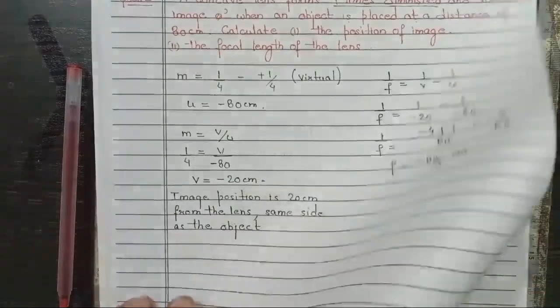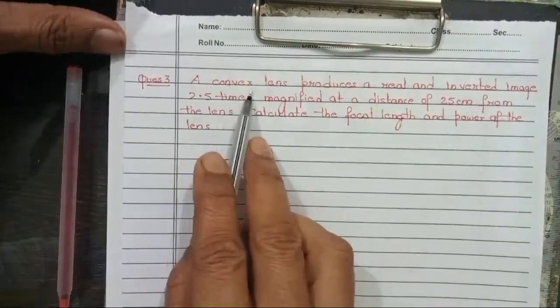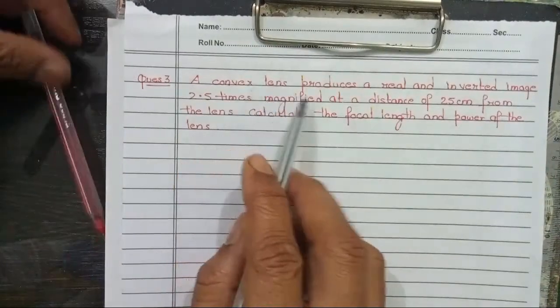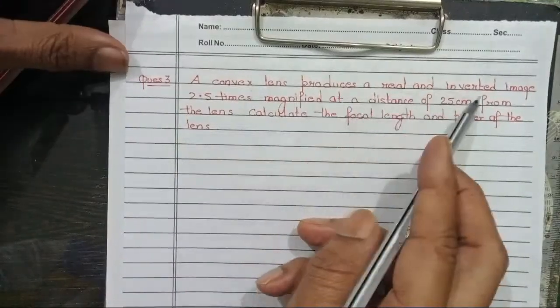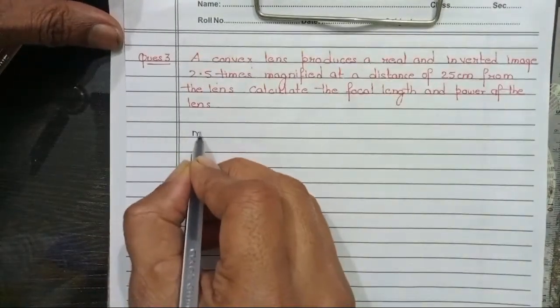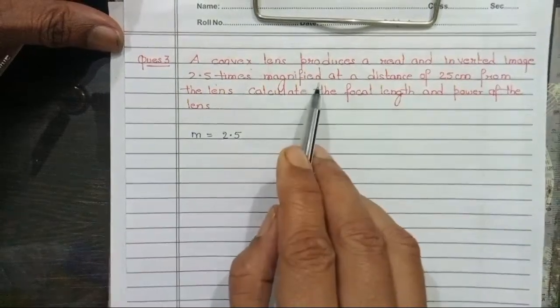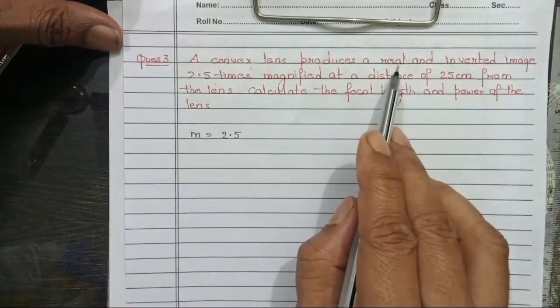Okay, now moving on to the next question. In the next question they have said, we have a convex lens which produces a real and inverted image 2.5 times magnified. Now here magnification is 2.5 times, and the image is real.